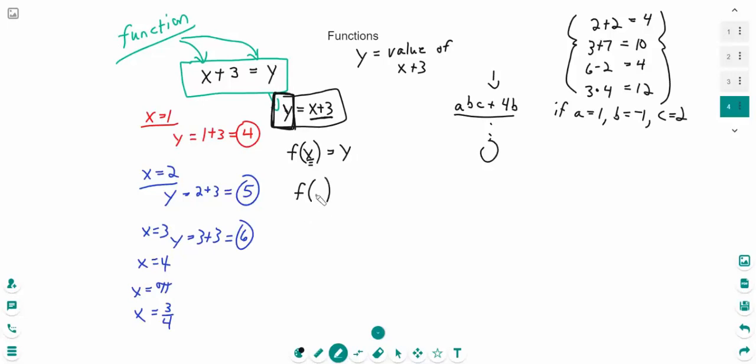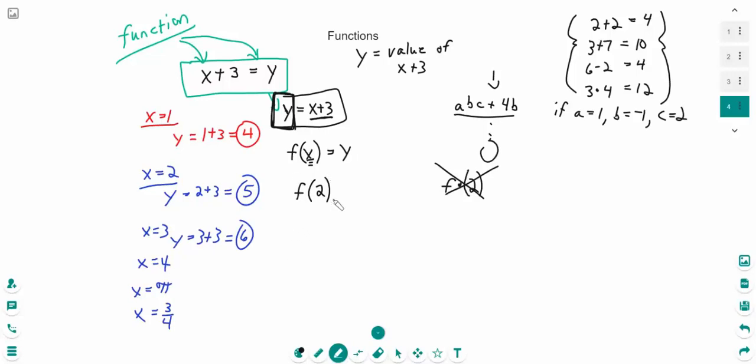Now if I say f of 2, for example, this does not mean f times 2. Let's make that clear right away. When you see the variable f with parentheses next to it and a number inside, it's not indicating f times 2 or f times parenthesis 2. Make sure you don't get that confused.